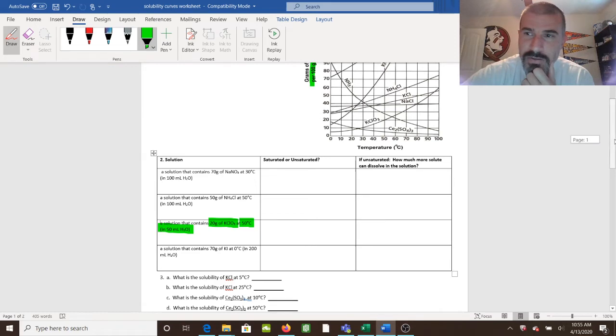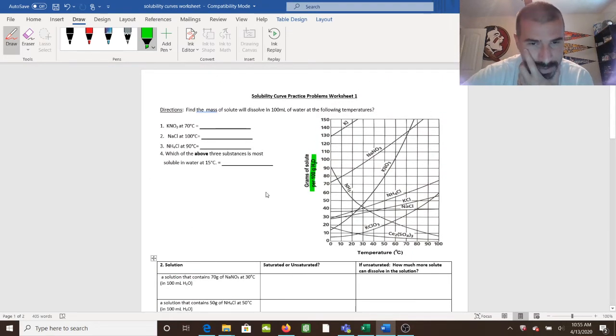So all you math wizards out there could probably figure out that 50 milliliters is half of 100. So if you have half the volume of what the graph is talking about, then what should happen to your solubility? It should go in half as well. So if you only have 50 milliliters based on this graphical information, it's 20 grams per 100.